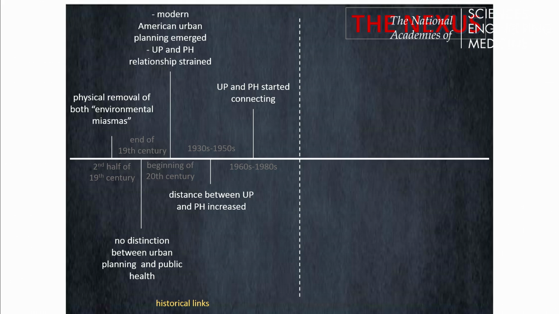At the beginning of the 20th century, we started going away from each other. Public health moved away from engineering-based solutions to a people-based approach and initiatives, and planners started focusing on cities and communities, making them beautiful, making tree-lined avenues, etc. That's where the divergence happens, and it kept happening until the 1960s, 1980s.